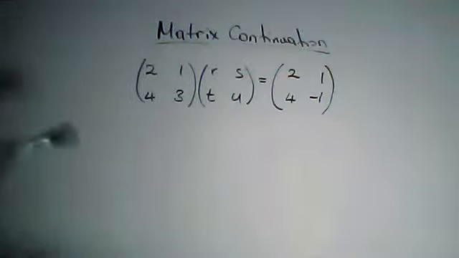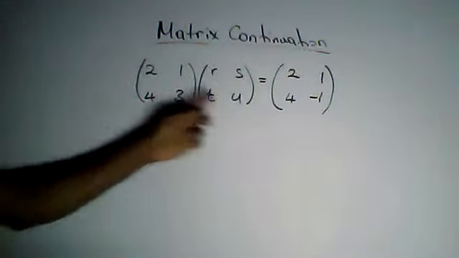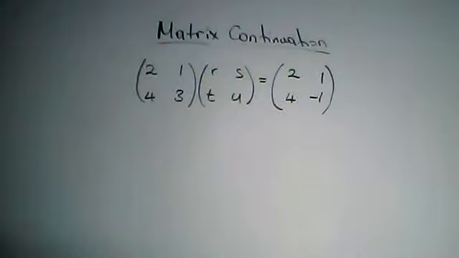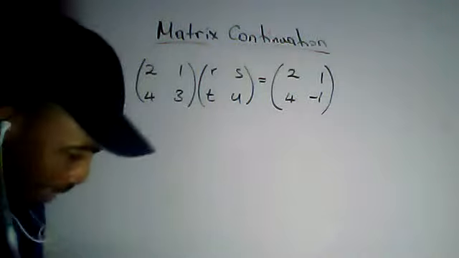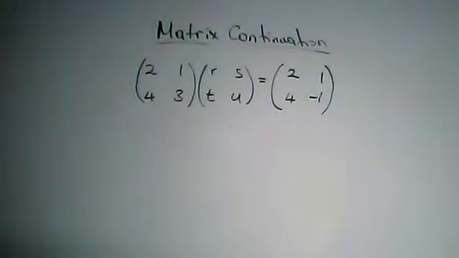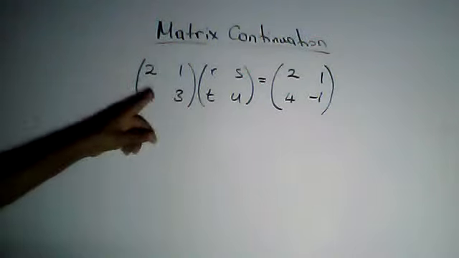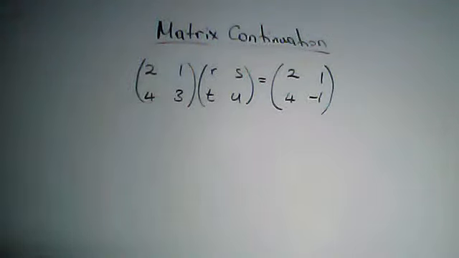Two times R, so you'd multiply this times this? I wasn't at the beginning of the class, sir. Oh, you just try something. All right, the students that were here from the start, what would you do if you see a question like this? AD minus BC. Oh, so you're saying we should calculate the determinant for this?